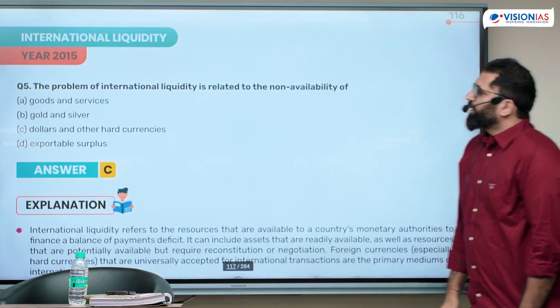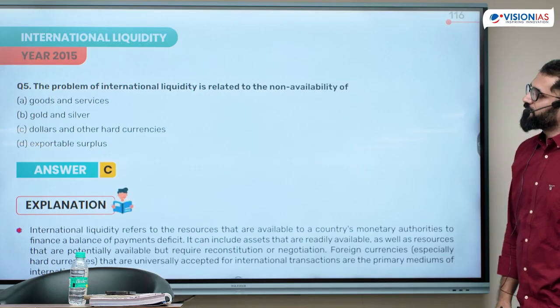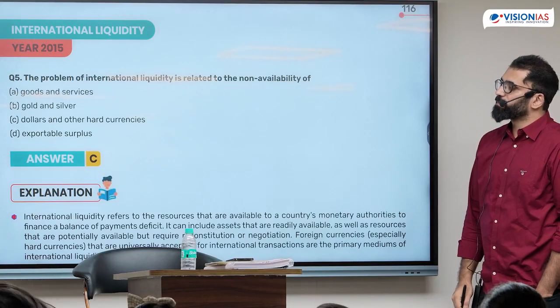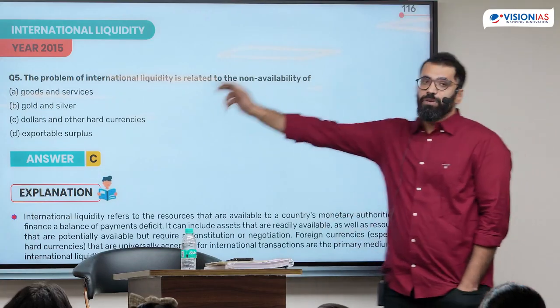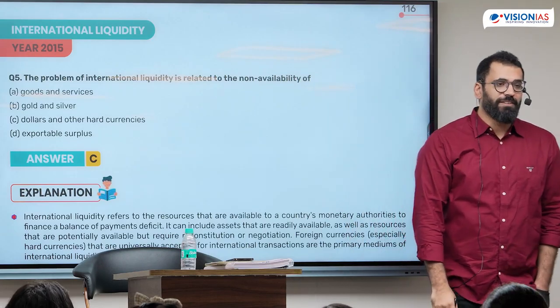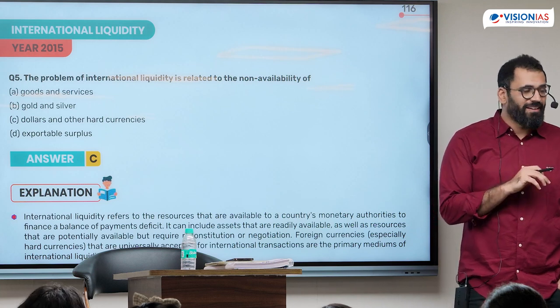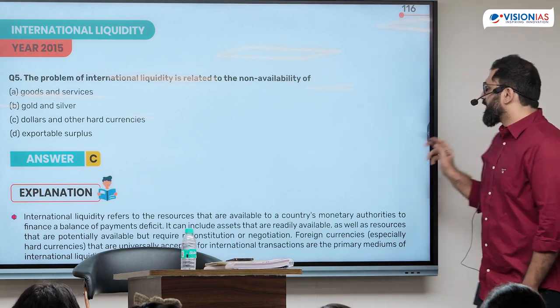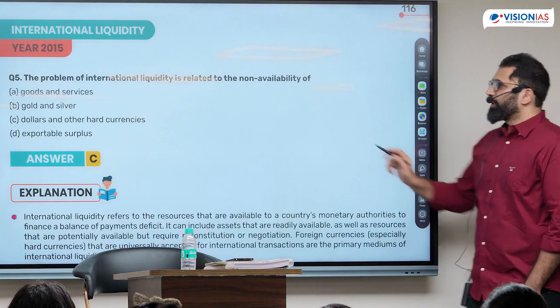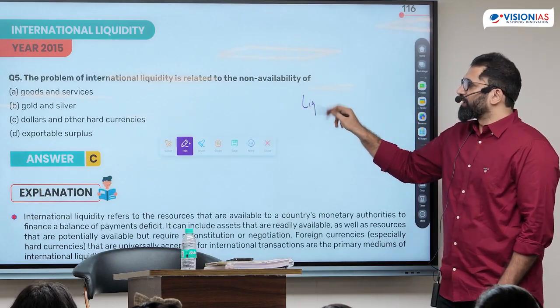Problem of international liquidity is related to non-availability of goods and services, gold and silver, dollar and other hard currencies, or exportable surplus. What do you mean by liquidity? Convert to cash. Something that can be converted to cash is liquidity. What do we mean by any particular asset being a liquid asset?